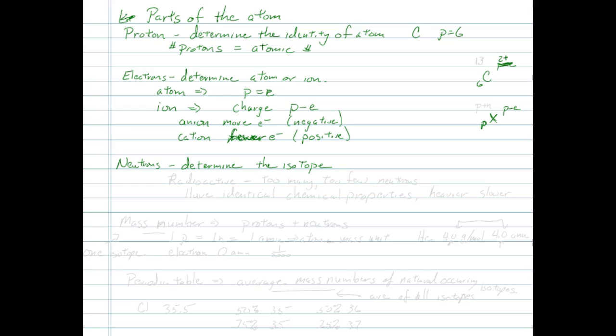Some isotopes are radioactive. They are radioactive if you have too many or too few neutrons in the nucleus.